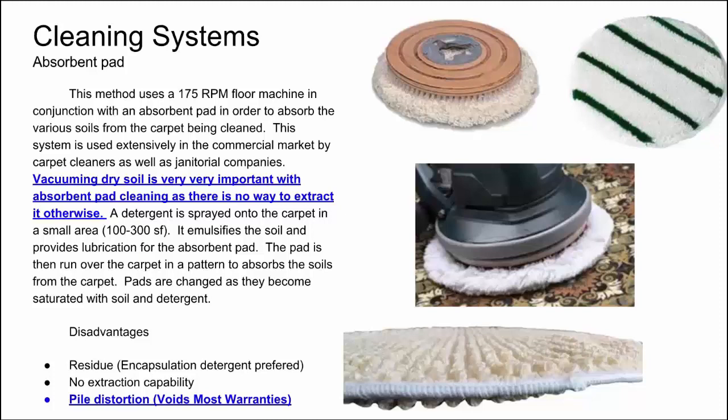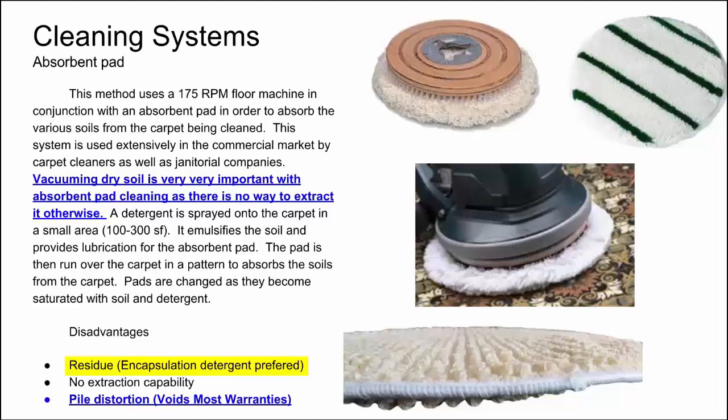So the disadvantage of this is residue. That's why we need to use an encapsulation detergent. An encapsulation detergent is going to crystallize. It's not going to dry and have any kind of residue. In fact, the residue that it does have is what's called a beneficial residue. It's going to actually repel new soils from becoming attached to the fibers.